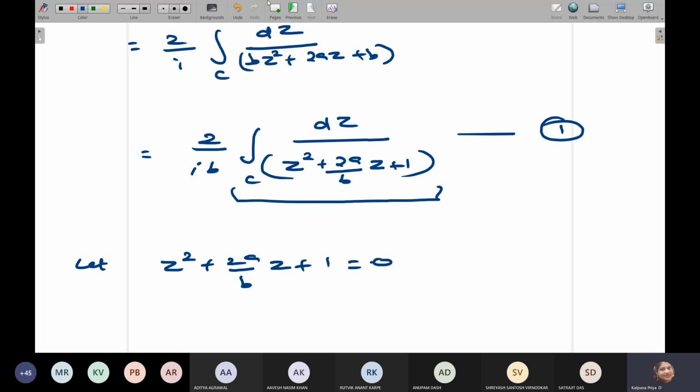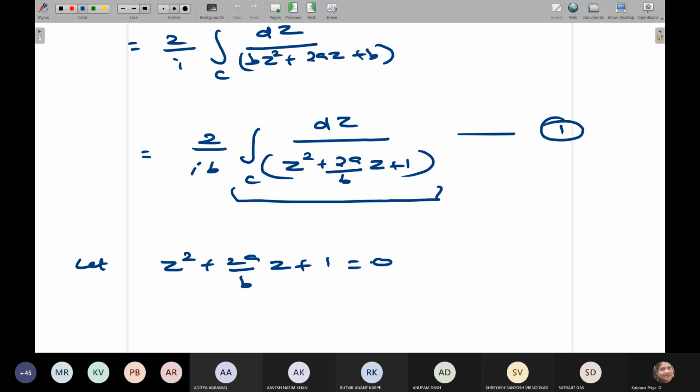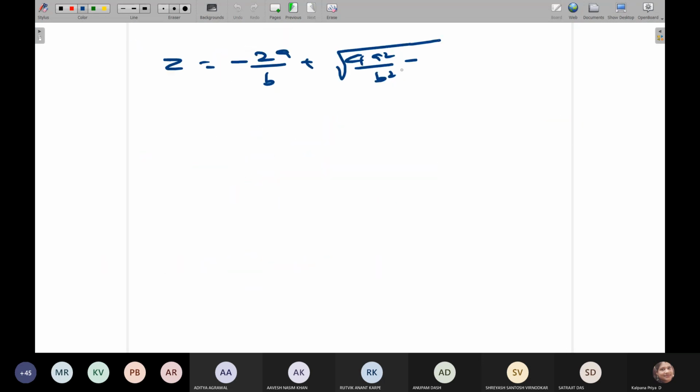I'm finding the singular points: z equal to minus 2a by b plus or minus root of b square, minus 4 here, by 2.